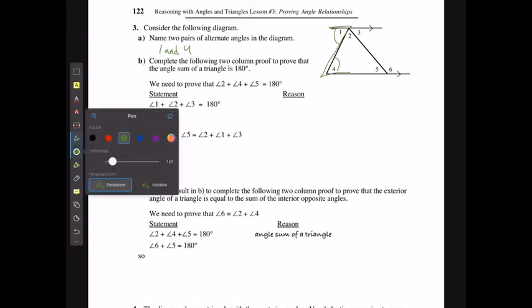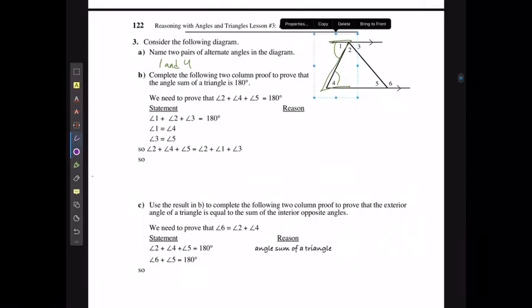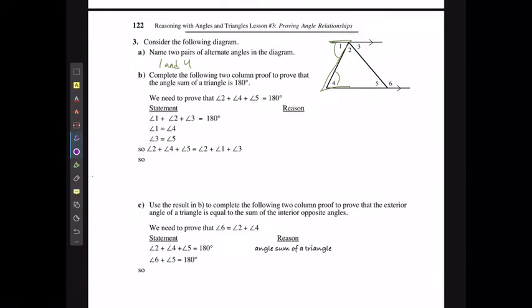Or I could use that reverse Z shape, which sort of looks like an S, and I can say that it's going to be angle 3 and angle 5.